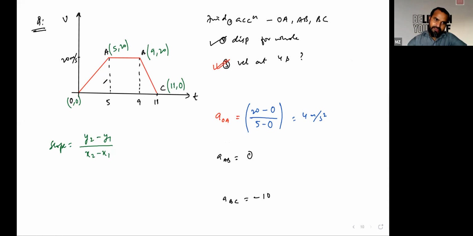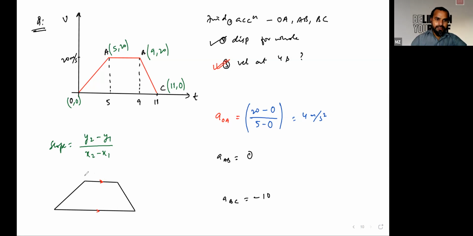Hamza, which geometrical figure is this particular shape representing? Sir, trapezium. Good. And what is the formula for calculation of area of trapezium? Sir, half into A plus B into height. What is A plus B here? The parallel sides. So from this geometrical figure, the parallel sides are this and this.